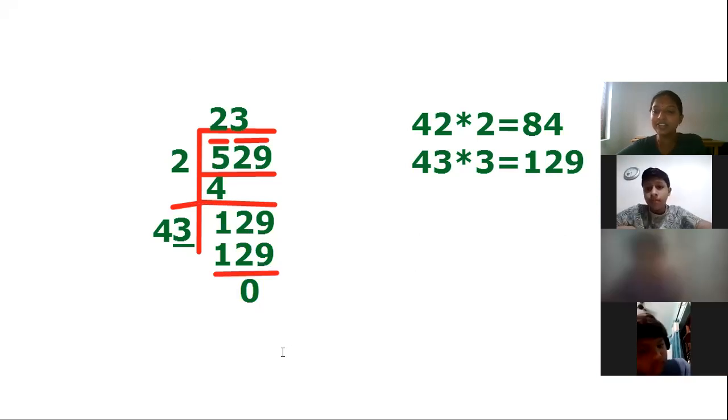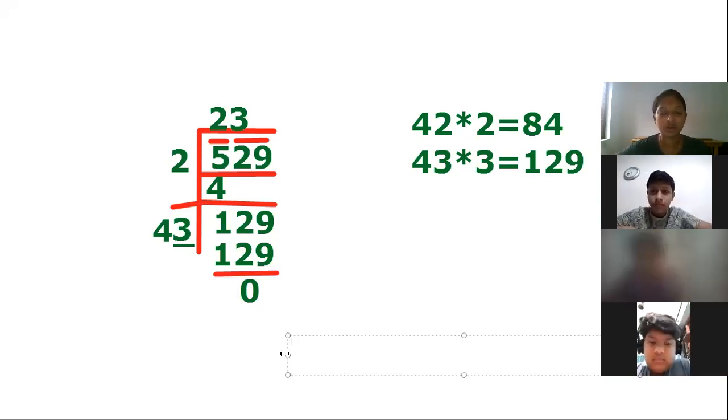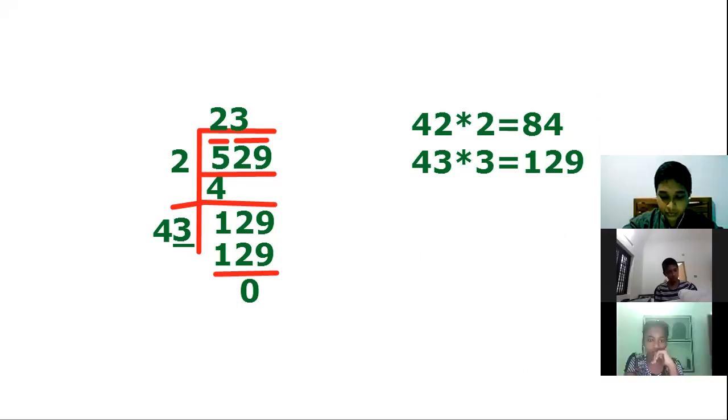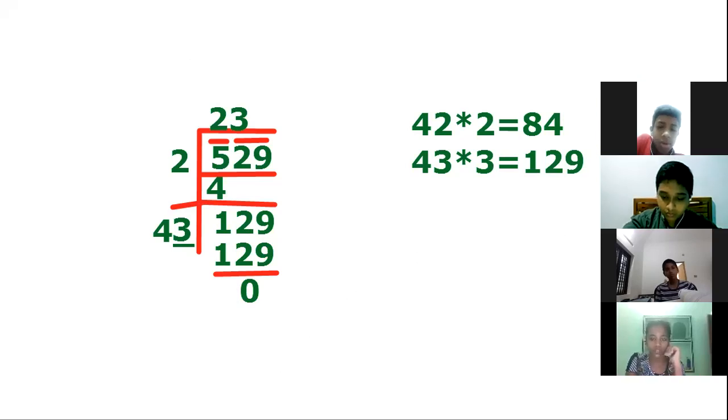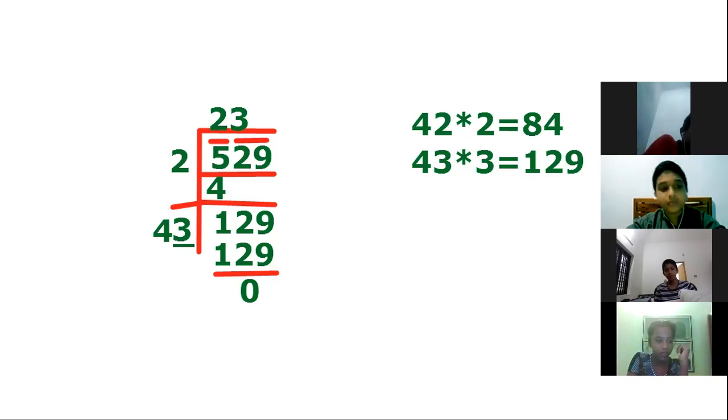This is the division method for finding the square root of numbers. If you have any doubt, you can multiply 23 into 23 in your rough book. What should be the square of 23?